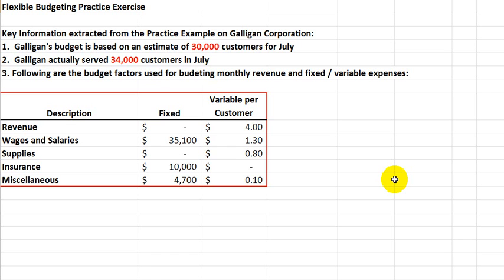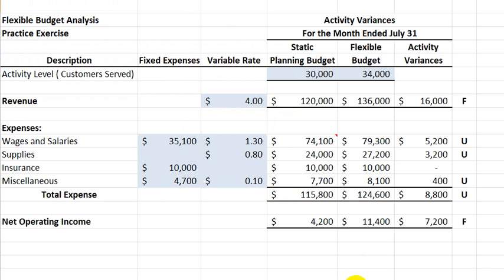If they first go through the exercise to calculate the activity variances, they will have the dollar amounts that result from the differences between serving 30,000 customers versus 34,000 customers, or serving 34,000 versus the original 30,000 that they had planned. So let's take a look at what our analysis will look like.